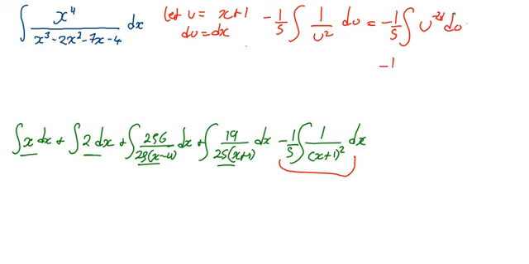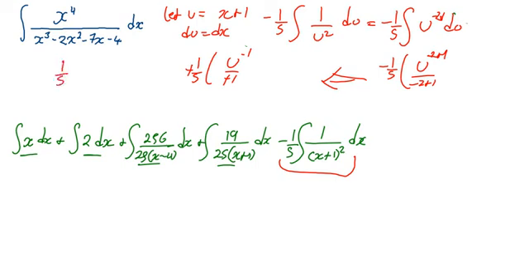That would be minus 1 over 5, you're going to have your u to the power negative 2 plus 1 divided by negative 2 plus 1, which gives us minus 1 over 5 times u to the power negative 1 divided by negative 1, of which this negative and that negative are going to go. We're going to have a positive, and we write this as 1 over 5 times 1 over u. So this is simply 1 over 5u.